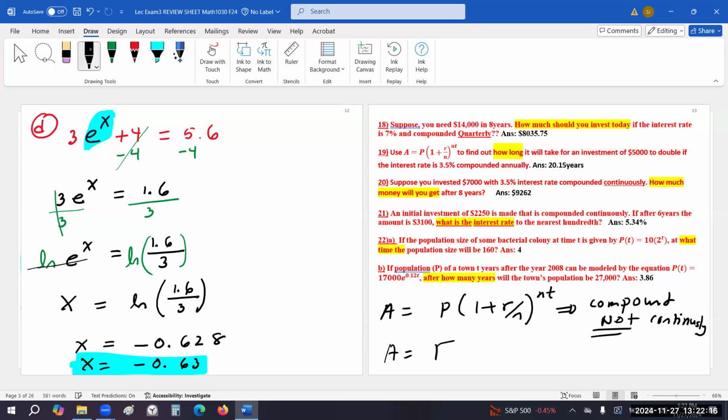But if you compound continuously, only for continuous compound, we use this smaller formula. If you forget, think about this. If you do something continuously, does it become easier or harder for you?